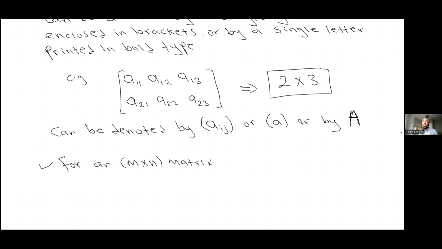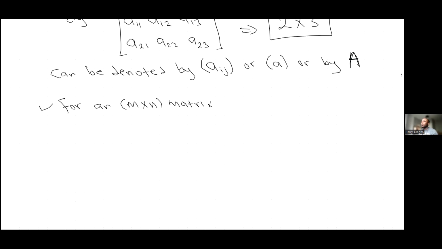So for an m by n matrix, we usually use a bold letter, or basically a bold capital letter. For example, as in that example, you can use A, a bold capital letter.